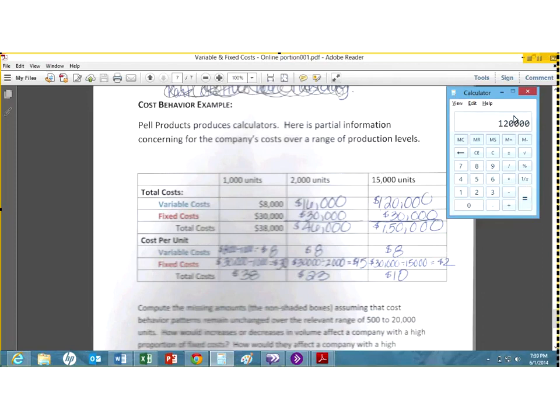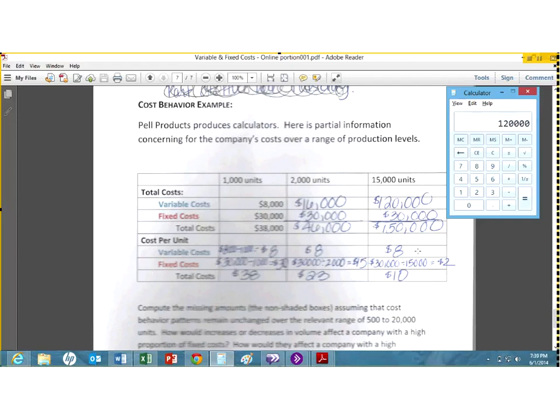Fixed cost, remember, your landlord doesn't care if you make 1 calculator or 1,000 or 15,000, you're paying that rent. So the total fixed cost does not change, it stays at $30,000. And then that gives me my variable plus my fixed of $150,000 of total cost if I make 15,000 calculators.